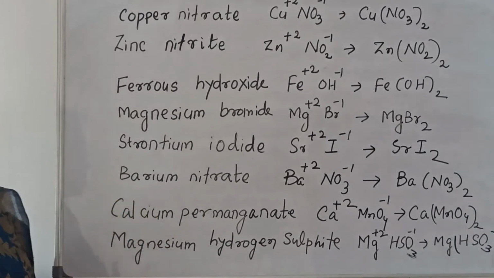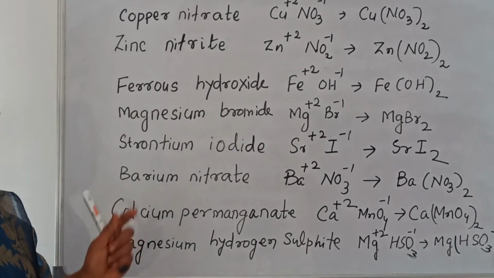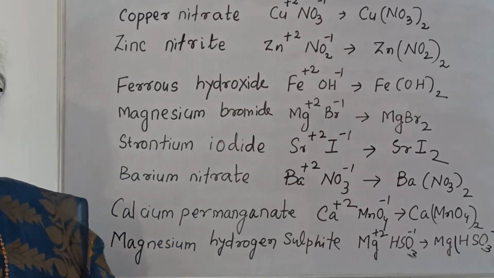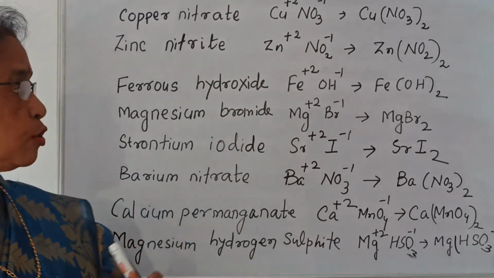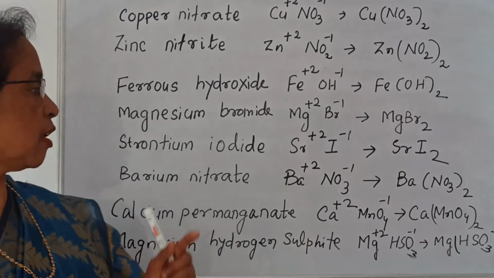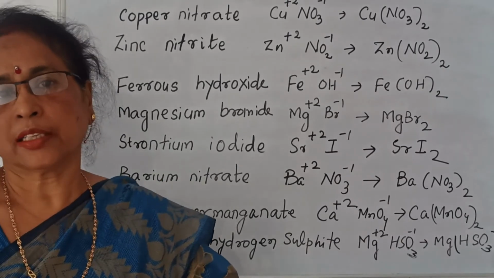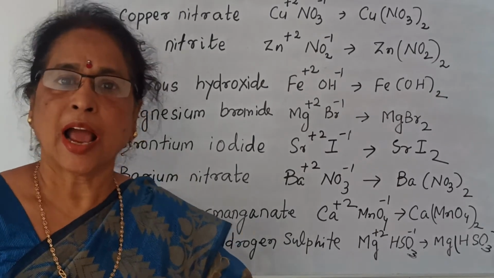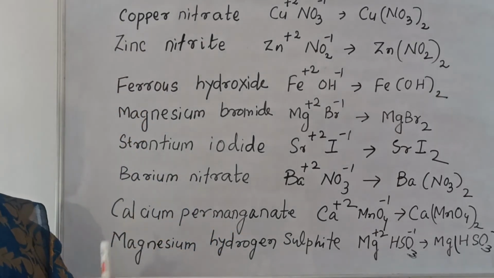I hope it is clear to all about the different types of inorganic compounds that are used in the chemistry lab, also in chemistry class, and also for the higher classes, that is 11th and 12th. They are very important and required when we read the chapter.